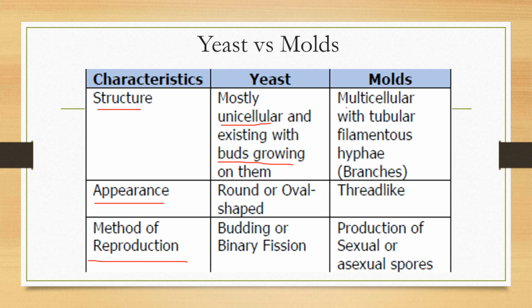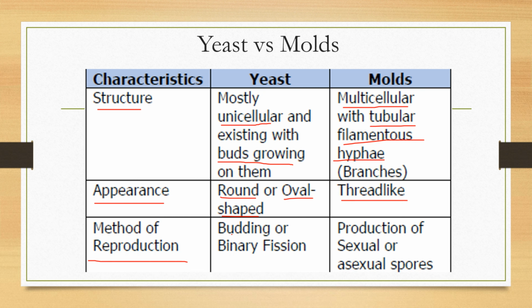While molds are multicellular with tubular filamentous hyphae that would appear as branches. So that's one way to differentiate them. Yeast, unicellular with buds growing on them. Molds, multicellular, tubular, filamentous hyphae. Appearance of yeast are round or oval shape, while molds would appear thread-like.